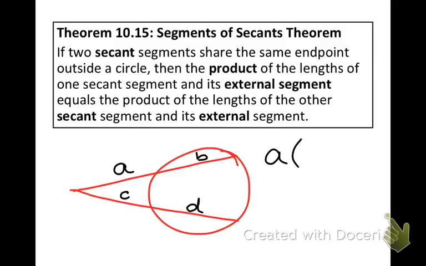Well, the whole entire length is the sum of A and B. And then I'm going to equal it to the same thing down the bottom. So C times C plus D. So external times the whole is equal to external times the whole is what we should be thinking in our heads.